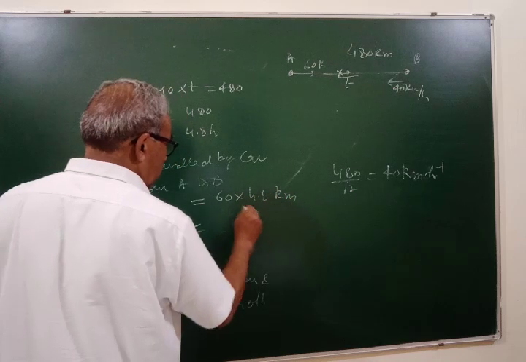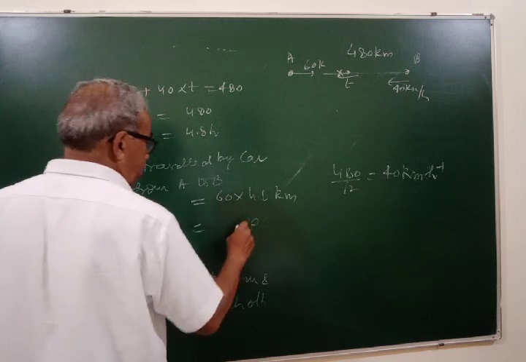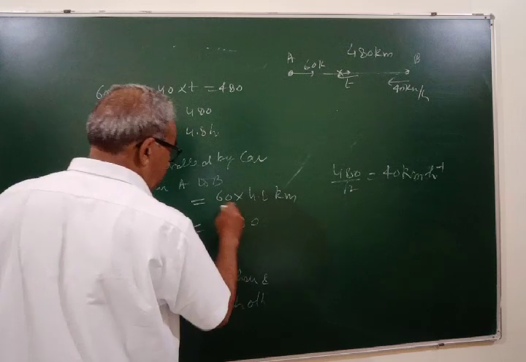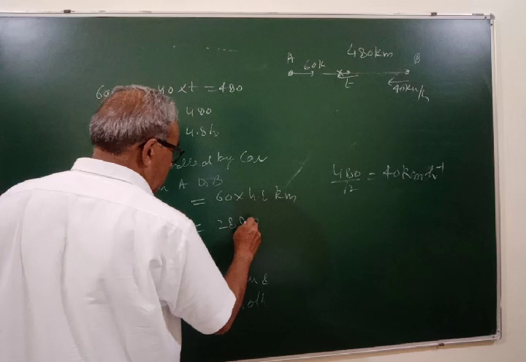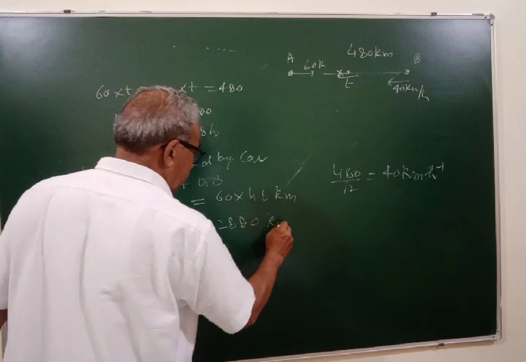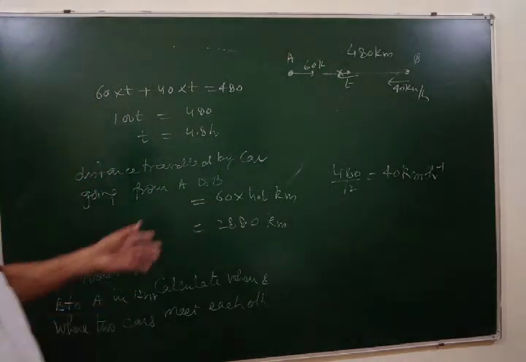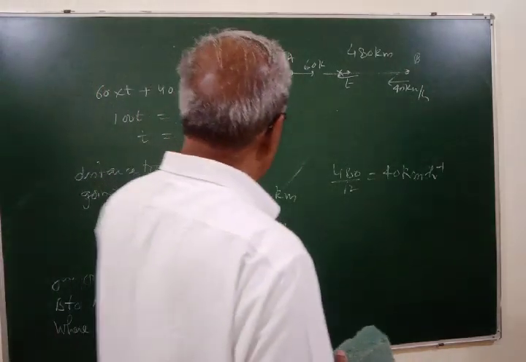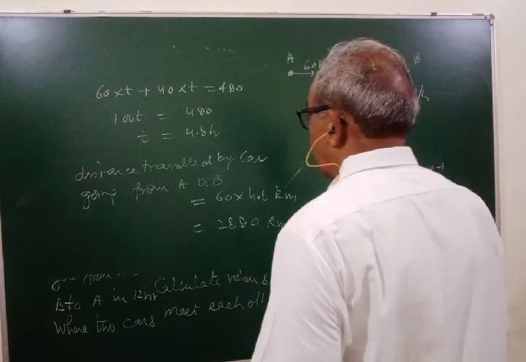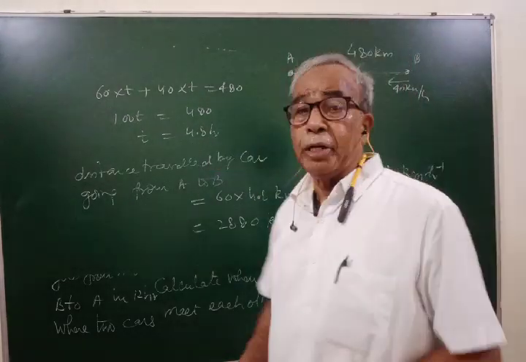It is equal to 288 kilometer. So they will meet at a distance of 288 kilometers from A at time 4.8 hours.